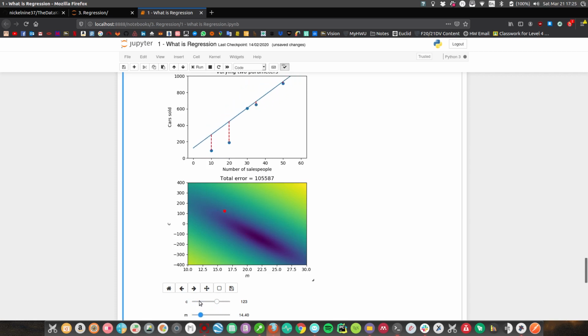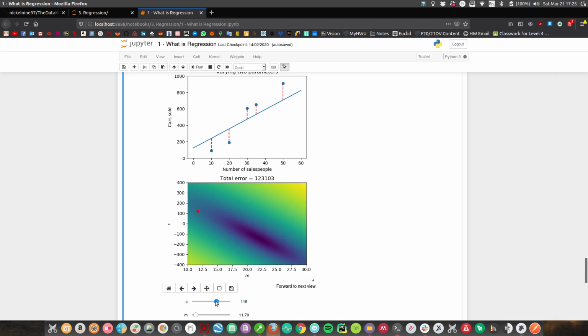And now, what's going on in this bottom plot is slightly more complex. But the idea is this, right? The colour of this plot here represents our error. And the point of this little dot here is a value of m and a value of c.